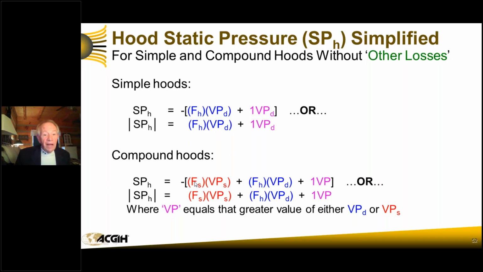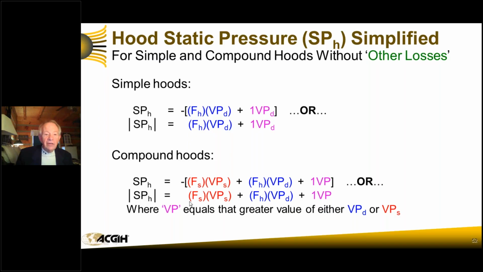2,000 feet per minute at the slot, times the loss factor, will give you under 1/2 inch of static pressure, because the velocity pressure at 1,000 feet per minute is 0.25, and the aerodynamic loss factor for a compound hood is 1.78. 1.78 times 0.25 is less than a half.